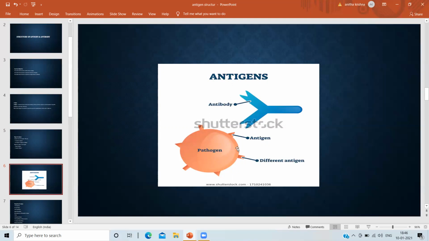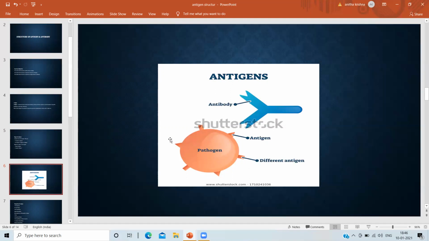Some epitopes are functional and some are non-functional. Complete antigens contain a minimum of two functional epitopes and the remaining can be non-functional. The total valency is nothing but functional valency plus non-functional valency.